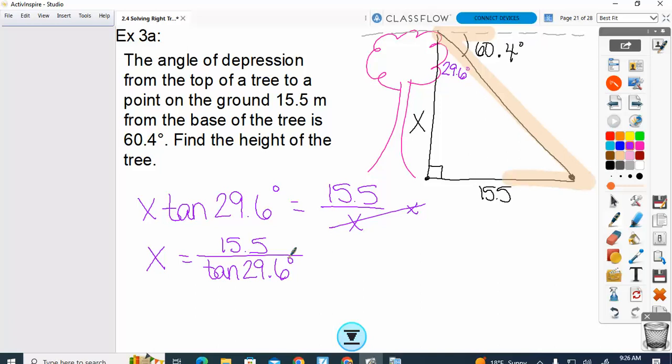So we get 27.28, so that would be 27.3. It's the height of the tree. My height on this problem was measured in meters. Any questions on that one?